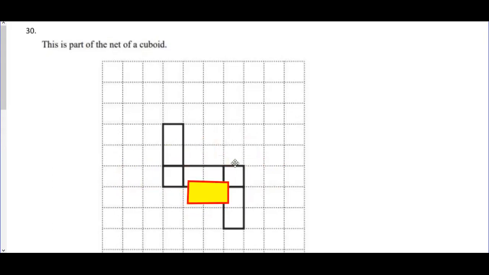Because if you fold this net, this face here and that face will make something like walls, and this one will come back here, and this one will go there. So that side will come and match that. So you have to draw that face either here or here, nothing else. So I'm gonna put it here. And this makes a total of 1, 2, 3, 4, 5, 6 faces.